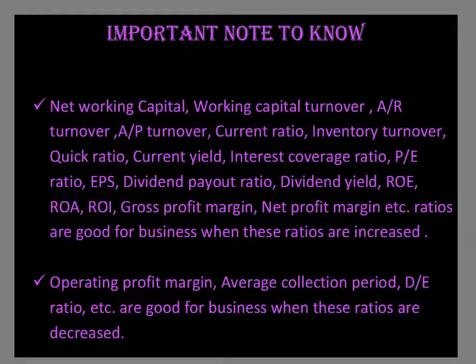Important note to know: net working capital turnover, accounts receivable turnover, accounts payable turnover, current ratio, inventory turnover, quick ratio, current yield, interest coverage ratio, price earning ratio, earning per share, dividend payout ratio, dividend yield, return on equity, return on asset, return on investment, gross profit margin, net profit margin, etc. Ratios are good for business when these ratios are increased. That means here the ratios are included.